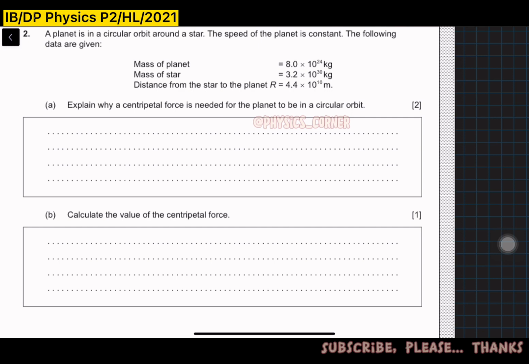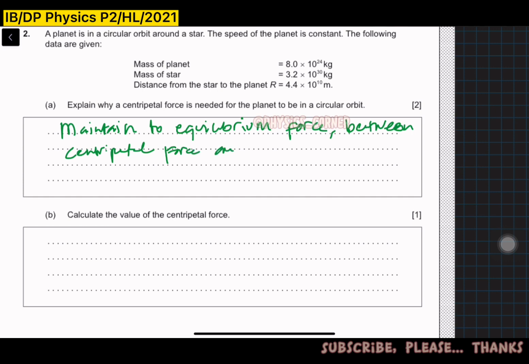Okay, this is to maintain the equilibrium of force. So this is to maintain the equilibrium between centripetal force and gravitational force.